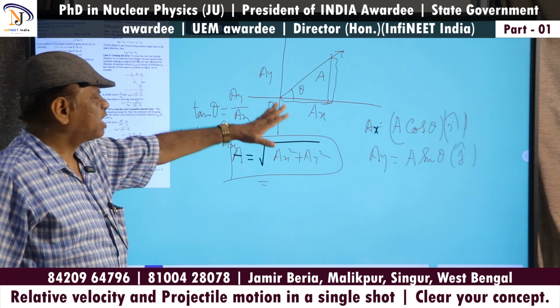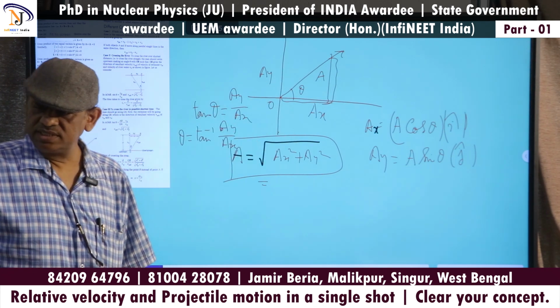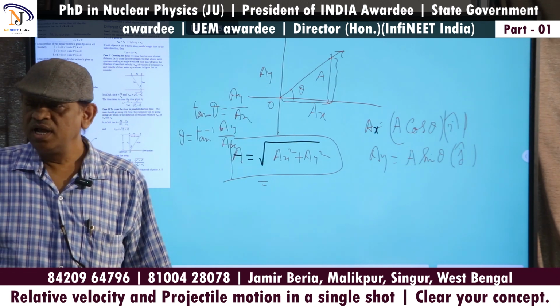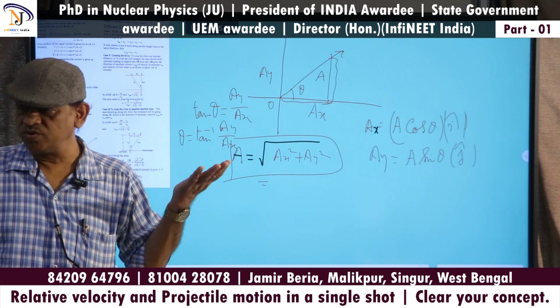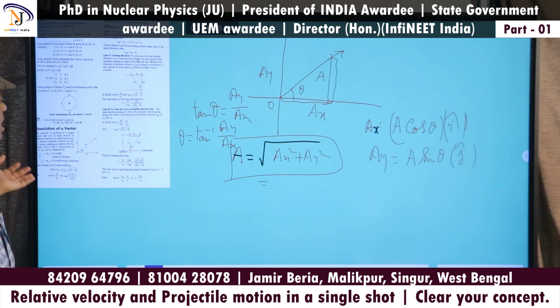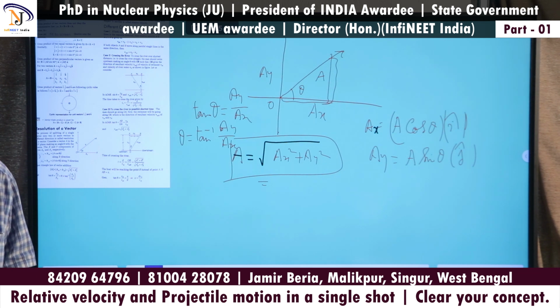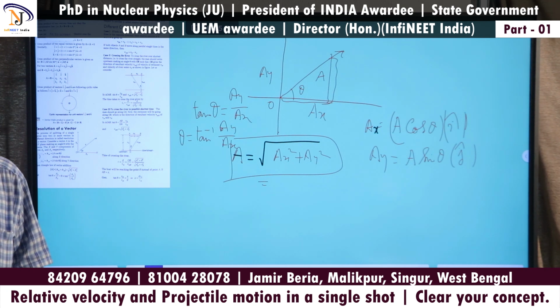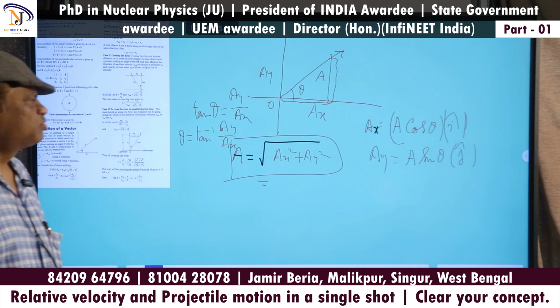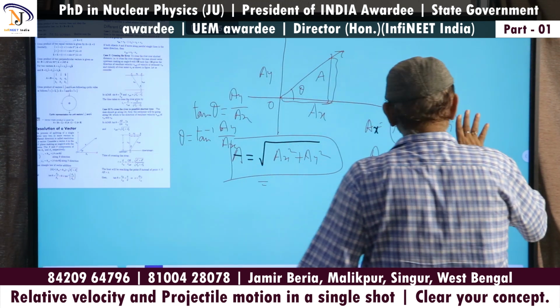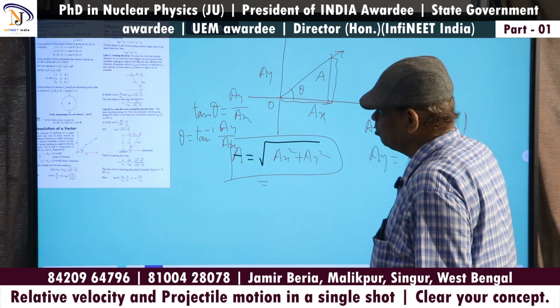And this is actually a two-dimensional Cartesian system. If it is a three-dimensional Cartesian system, I have already told you last day: cos alpha, cos beta, cos gamma. One problem was given to you, and you solved it. So I am wiping this out.